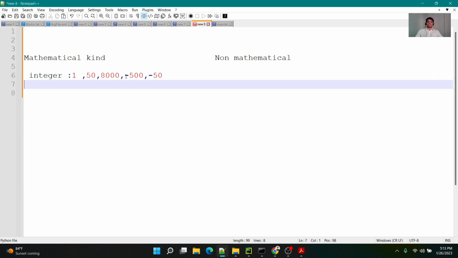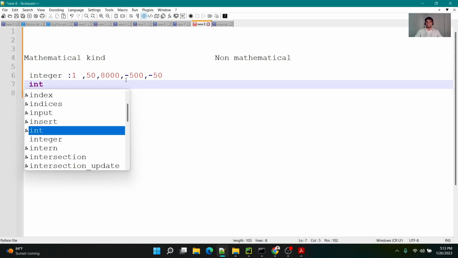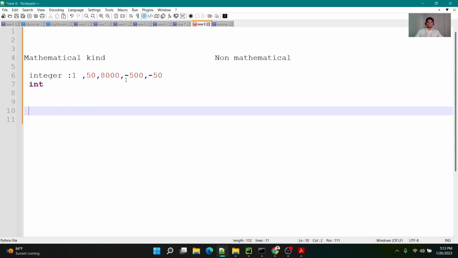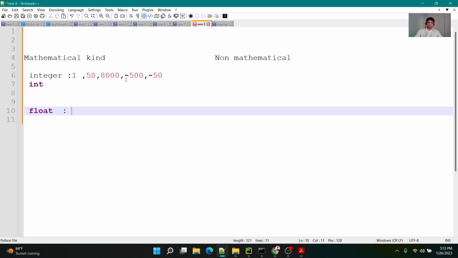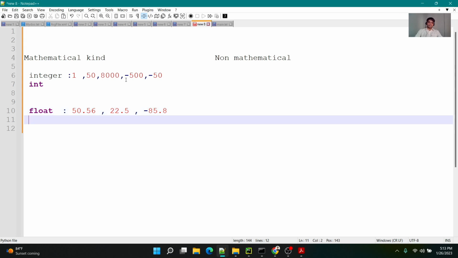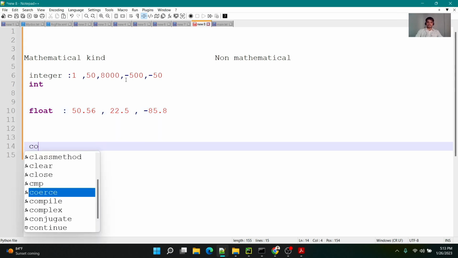This integer is also written in a short form, or abbreviation, as int. You have another category called float, which in our daily life we refer to as decimals. That is something like 50.56, or a temperature value like 22.5, or on a negative scale something like minus 85.8, etc. Right?